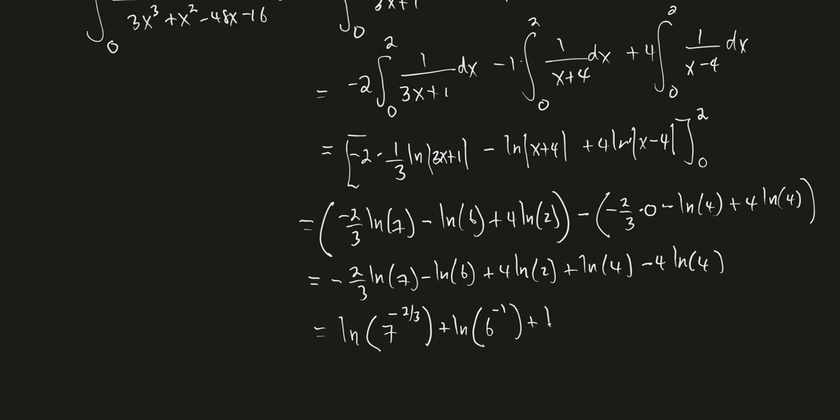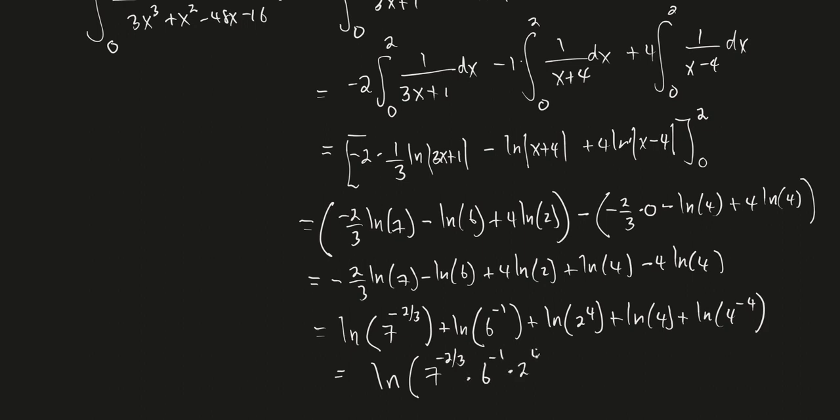Then you'll have plus the ln of 2 to the 4th power, plus the ln of 4, plus the ln of 4 to the negative 4 power. And then since we're adding all these logarithms, it's the log of the product of all of these numbers. So 7 to the negative 2/3 times 6 to the negative 1 times 2 to the 4th times 4 times 4 to the negative 4.